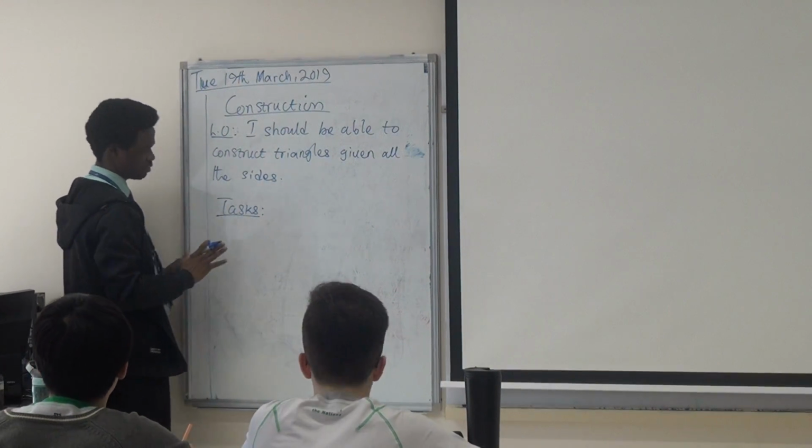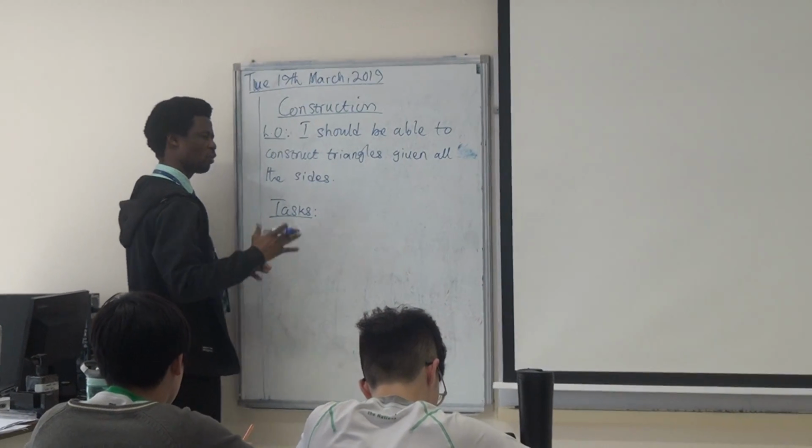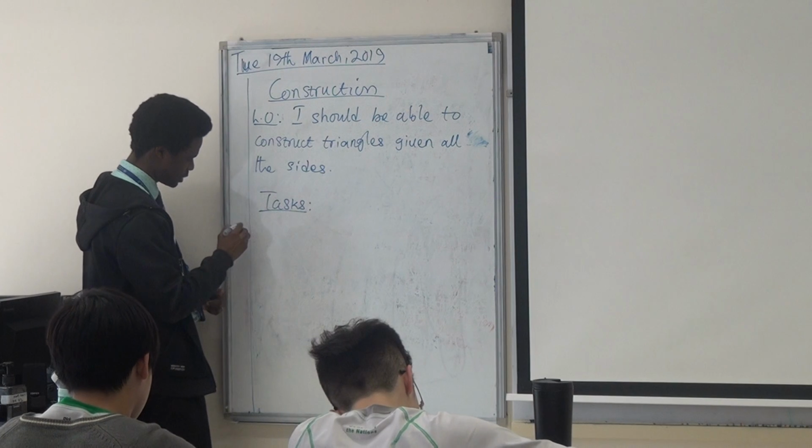I'll give you two. One of them will be in the form of a picture, like a sketch. The other will be in the form of a word problem. I'll write it as a statement. So let's start with the statement one.